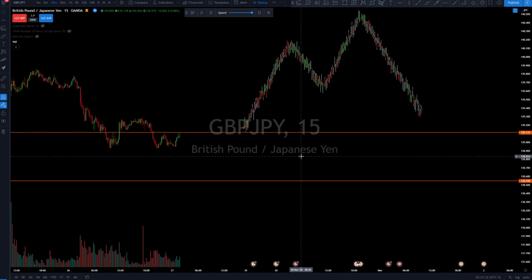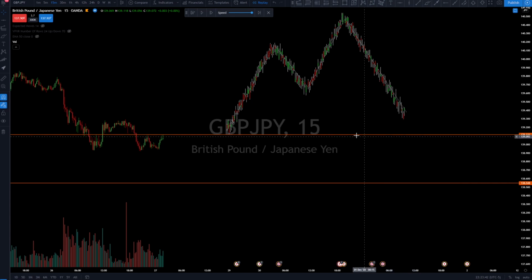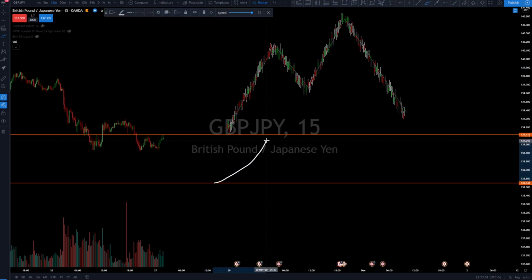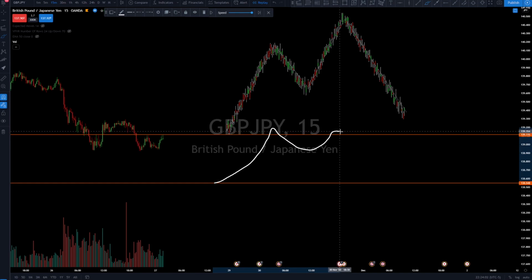If you're not already familiar with how to read RSI, make sure to go check out the video I have on it, link in the description down below. So let's pretend this is our 70 level and this is our 30 level. Well, RSI in this case would be moving something like this. You would have RSI going overbought, coming back down, and then making a lower high. So it looks something like this.